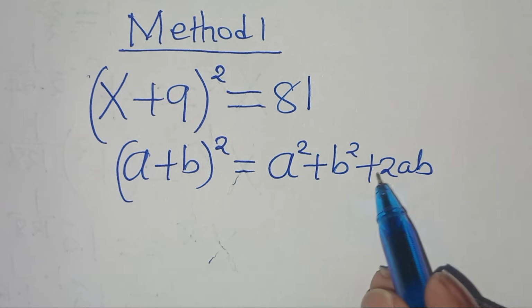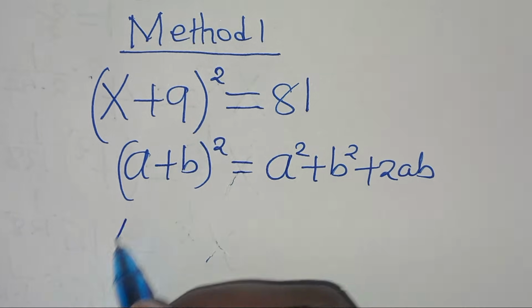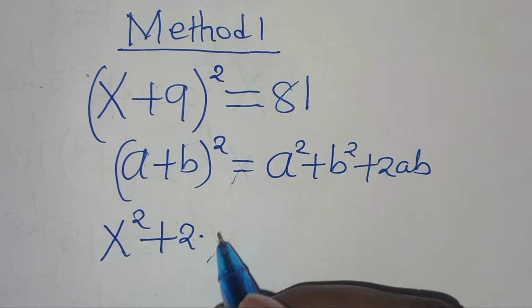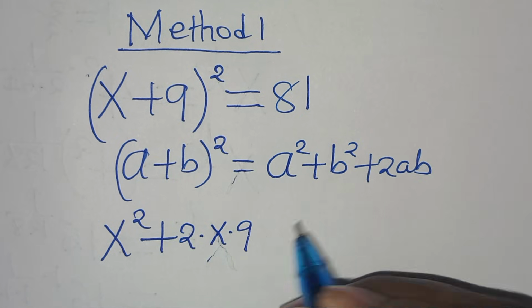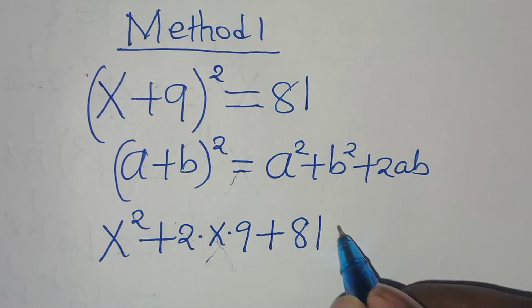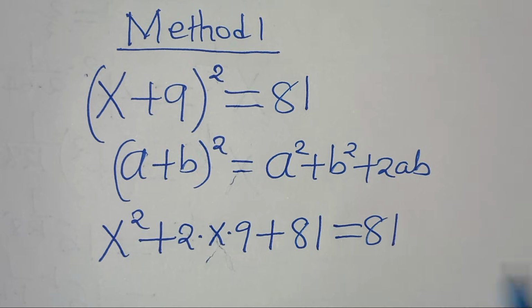Applying this algebraic identity, we have x^2 + 2 times x times 9 + 9^2, which is 81, equal to 81.